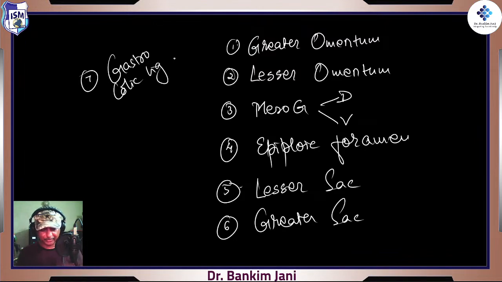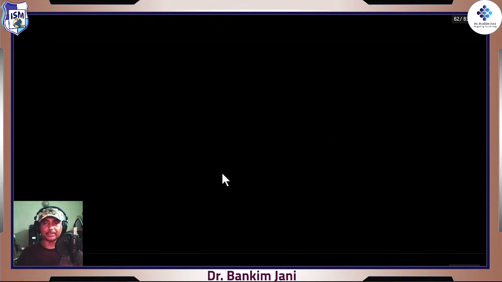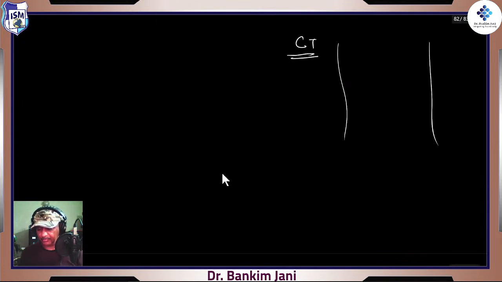If this much is fine, right? So tomorrow we'll be starting from this point onwards, and we'll be going for all the rest of the omental reflections. Once that is complete, right, we'll go for CT scan images, all the CT scan images. So right from it, we will be drawing like, say, this is like, right?